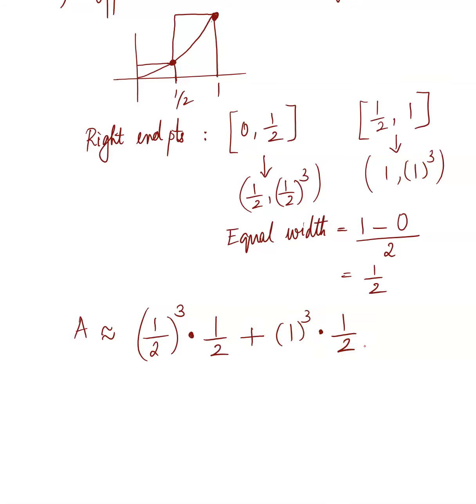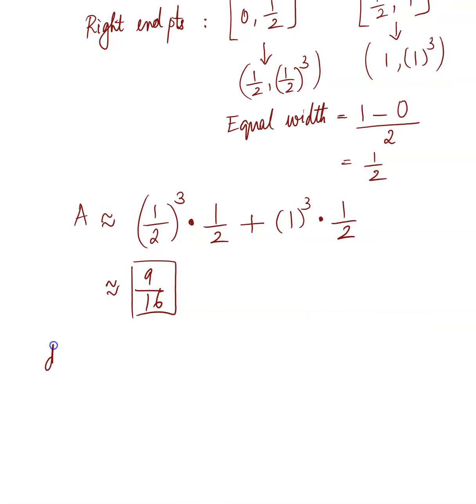Notice how easy this is, because we've got the idea of how that will behave, right? And so that gives us 9 over 16. And to answer part D, this time we want the upper sum with 4 rectangles.